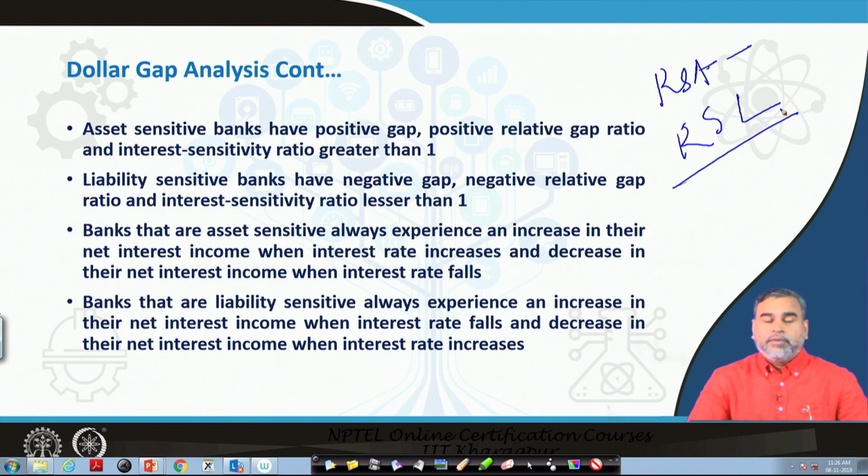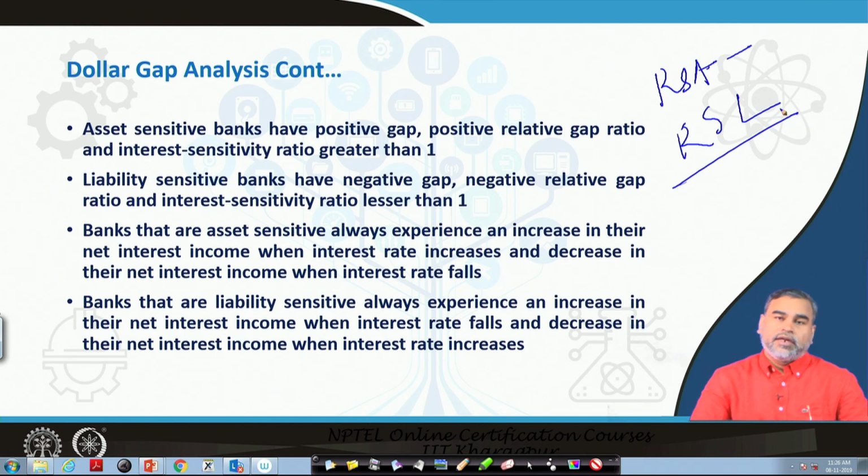So, the liability sensitive banks experience an increase in the net interest income, their profit, whenever the interest rate falls, and they experience a decrease in the net interest income when the interest rate increases.